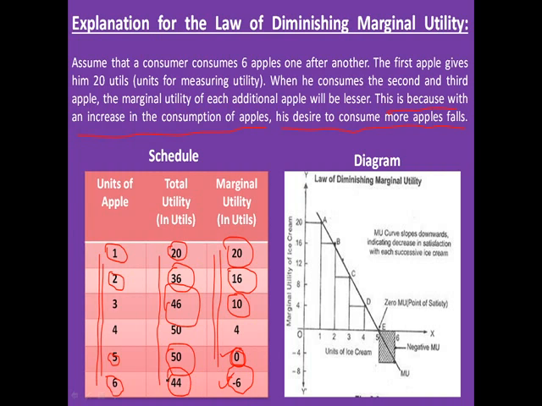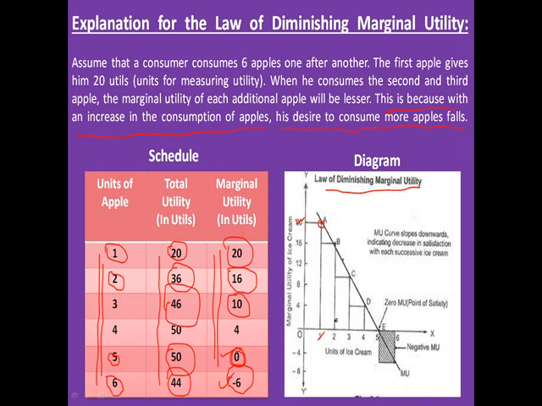Now if you plot all these points graphically, in the diagram we can see our first point is point A. At point A, that is the first unit of consumption, the consumer is deriving satisfaction of 20.